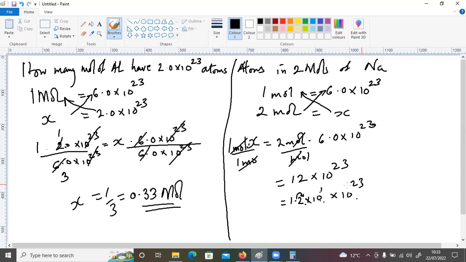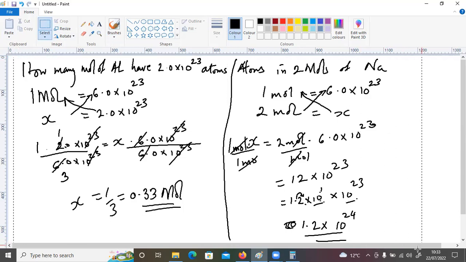These indices are the same base, so I add the powers, and this becomes equal to 1.2 times 10 to power 24. I talked a bit about this one in the introductory video. That's why I was saying, if you haven't seen it, take a moment and go ahead and review it. Okay, is everyone okay so far? One more example.